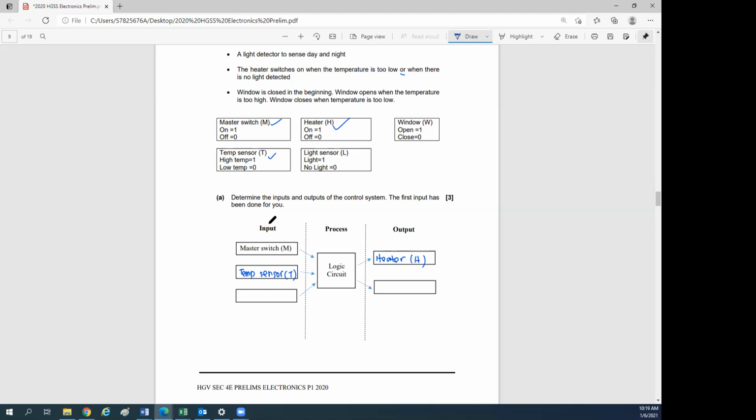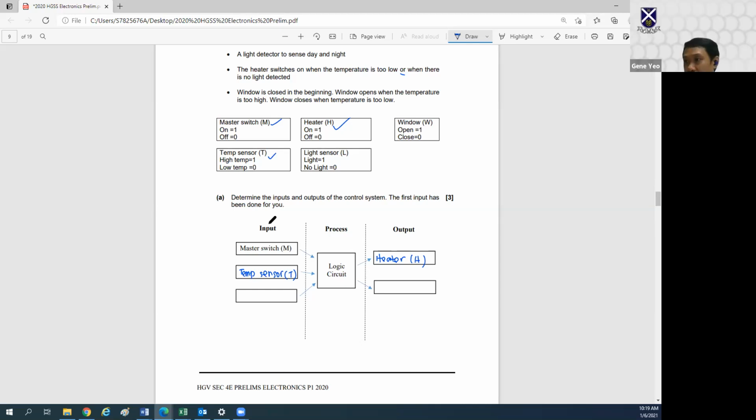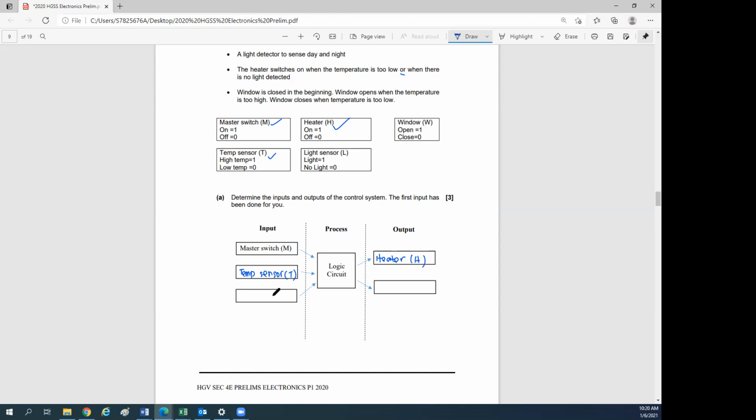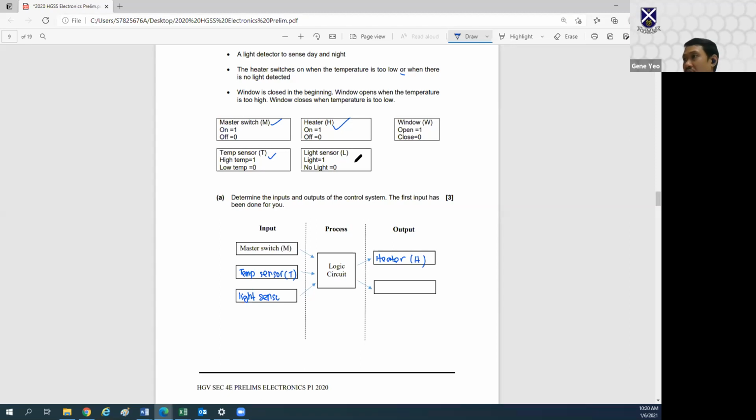Yeah. Input. Awesome. So this is light sensor. Okay. And lastly, the window. Whether you open or close the window, that is your output. Okay. So far so good.